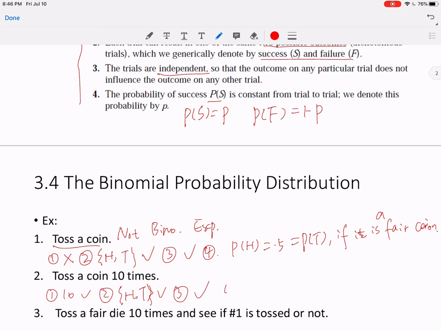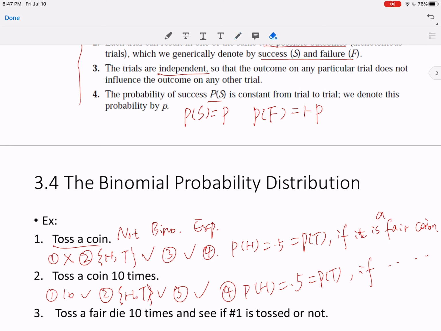Number 4, same thing. It's gonna be constant probability. If it's a fair coin, the probability of a head is equal to 0.5. Let me rewrite this real quick. It's equal to the probability of tail if it's a fair coin.